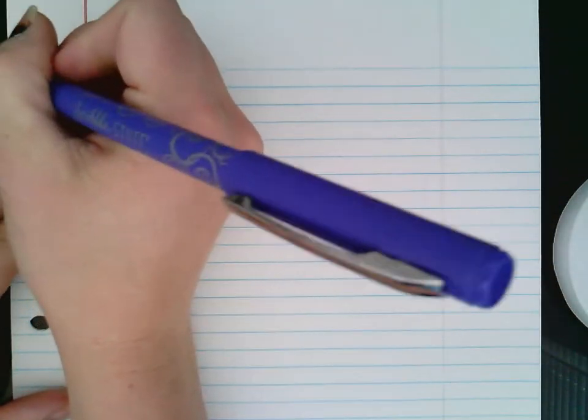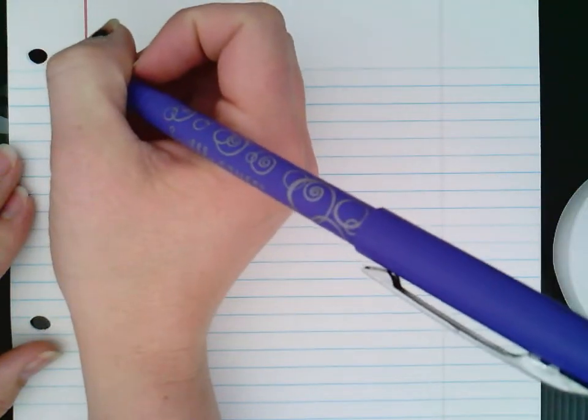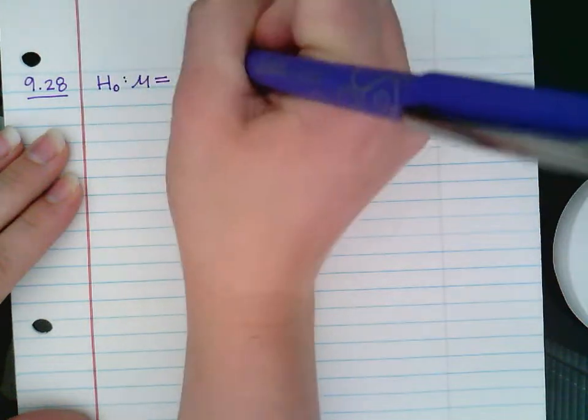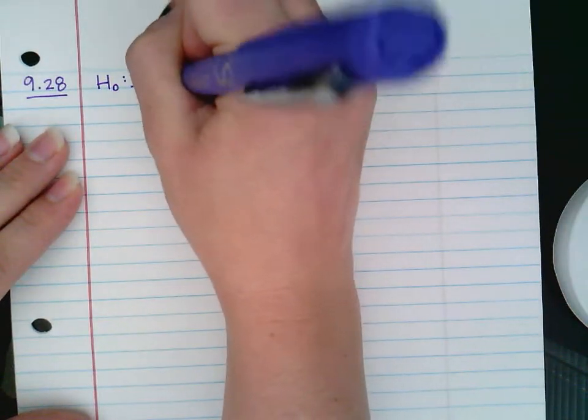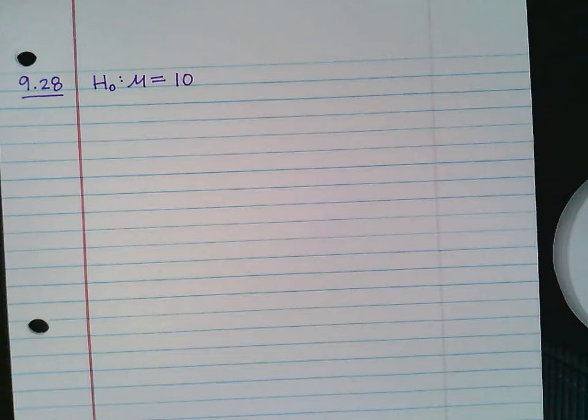On 9.28, it says a telephone company claims that the mean duration of all long distance phone calls made by its residential customers is 10 minutes. So that's their claim. Their claim is that the average long distance phone call is 10 minutes.